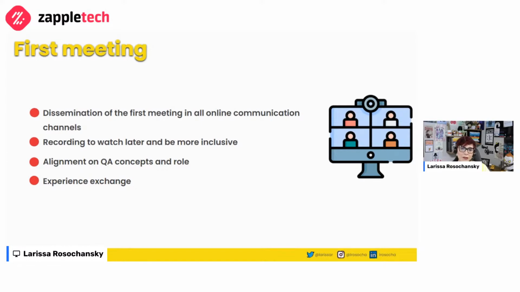And the first meeting was an alignment on QA concepts, and what we found was the biggest pain point of all was the role of the QA. So it was really important for us, and for us to have the architects and devs as well, to align that the QA was the keeper of quality, the keeper of the business, but he was not the one that would ensure quality, because quality is a whole team approach.